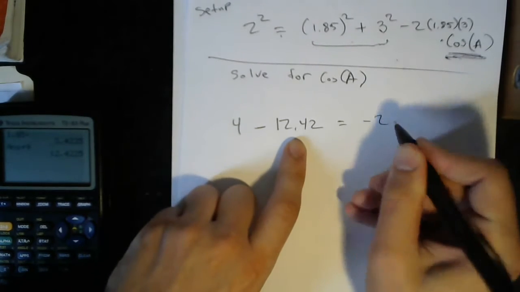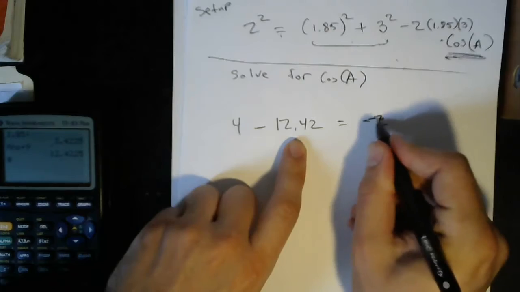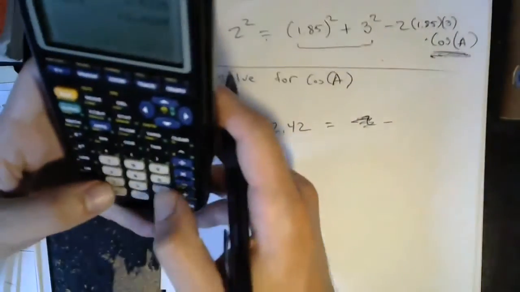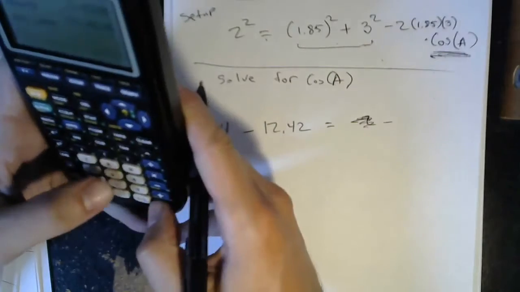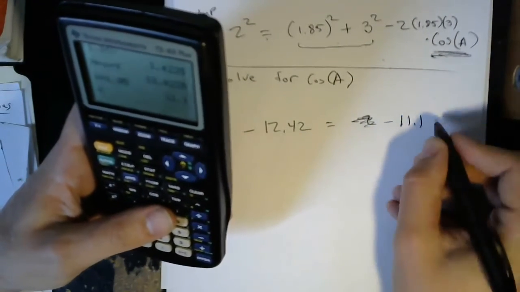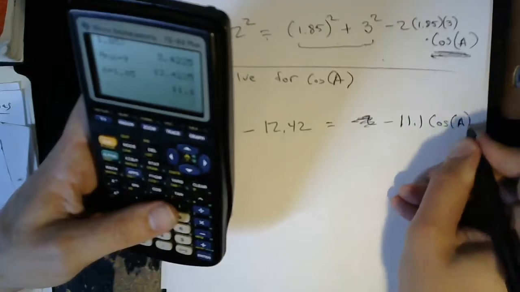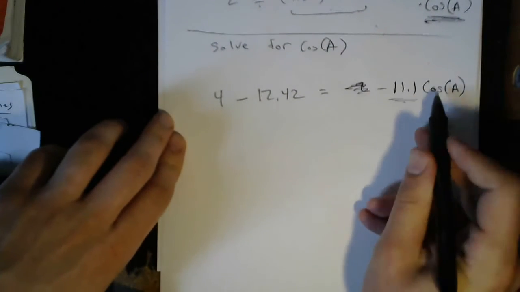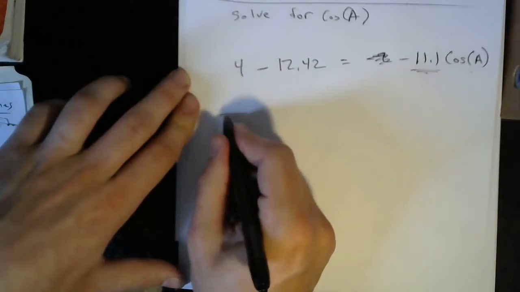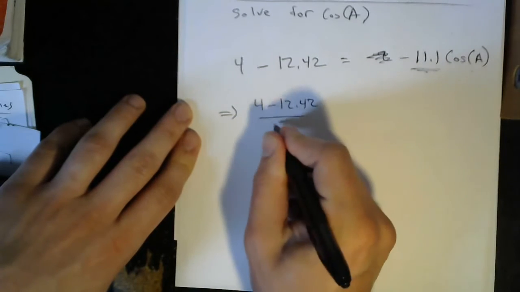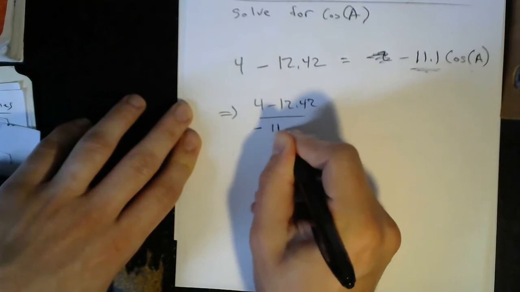So that's equal to negative 6 times 1.85. So 6 times 1.85, so minus 11.1 cosine of A. And finally, this is a number. We want to divide that off cosine A. And so we get 4 minus 12.42 divided by negative 11.1.